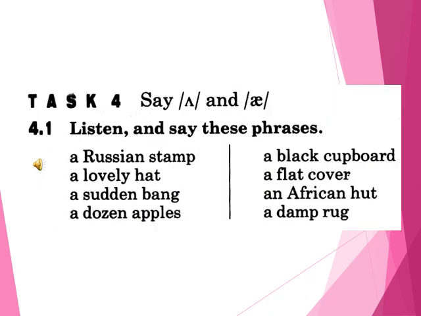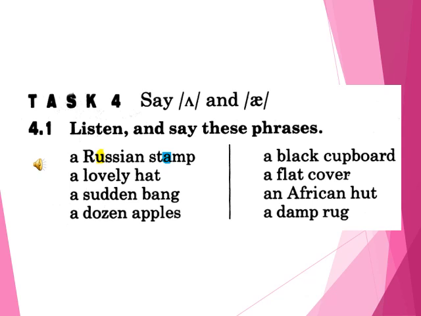Alright, let's work now on something else. These are phrases that contain in contrast the central A and the front A. For example, if you have a look at the first one, you have a Russian, and this letter U is central A. And in the second case, you have stamp with the front A. Russian stamp.